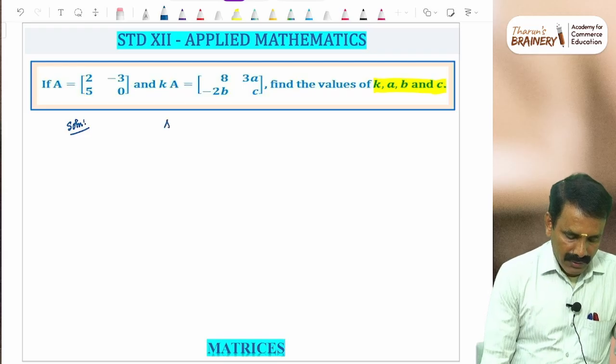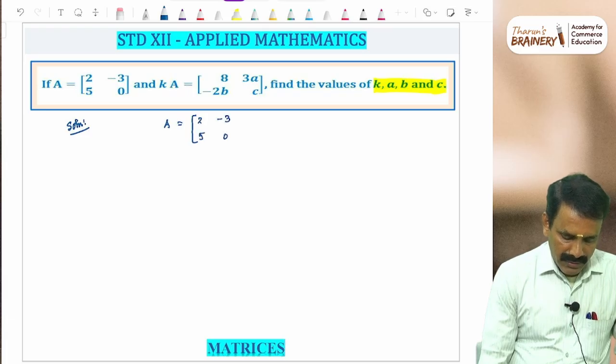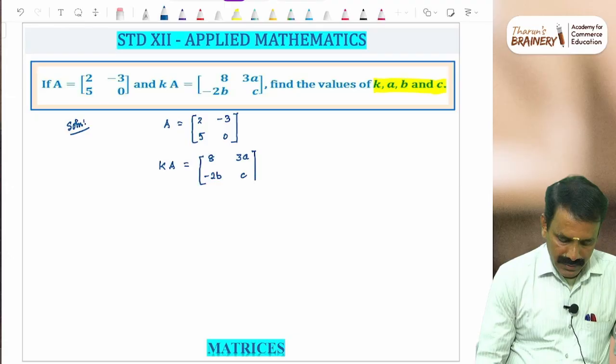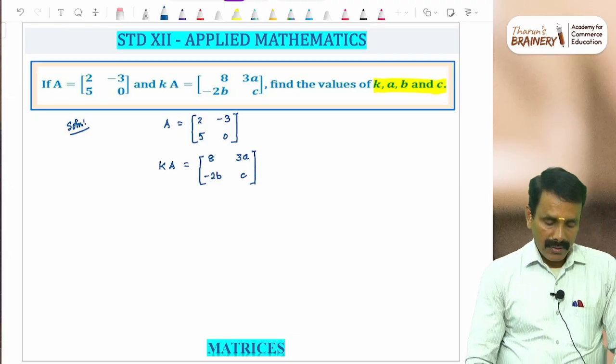A matrix is given to us: [2, -3; 5, 0]. And kA is also given to us. kA will be equal to [8, 3a; -2b, c].